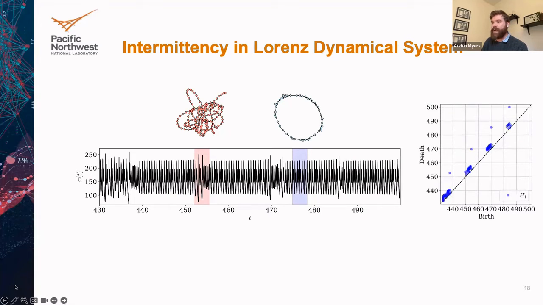Then we apply our zigzag persistence to all of these windowed ordinal partition networks, and we get this persistence diagram. I want to quickly explain what these points mean. The chaotic region shows up as a cluster of cycles H1 right here near the diagonal, which means they are all really short-lived cycles.